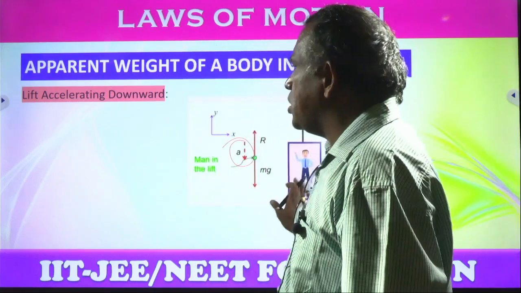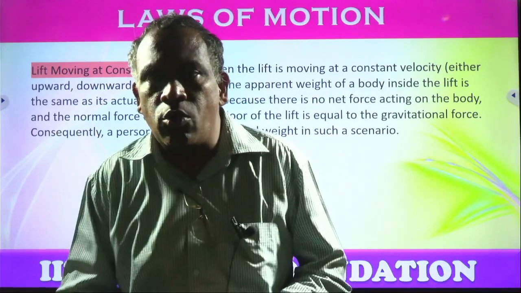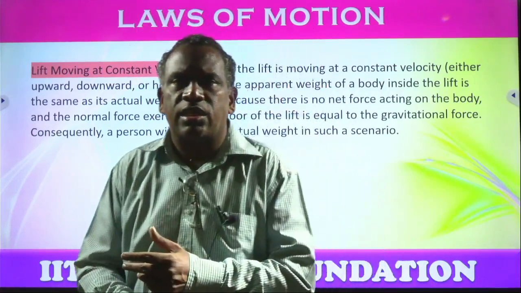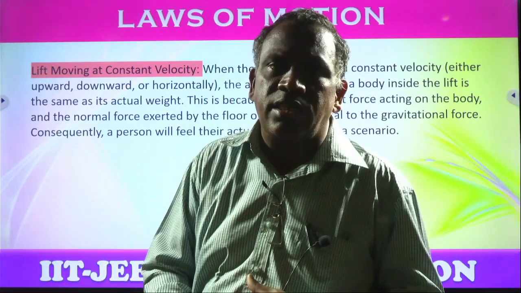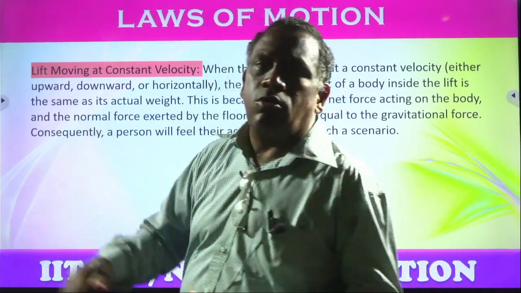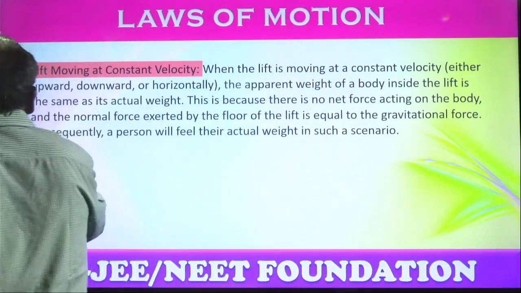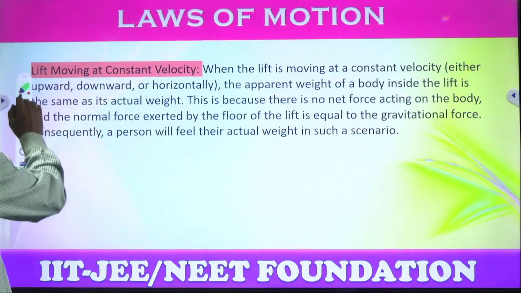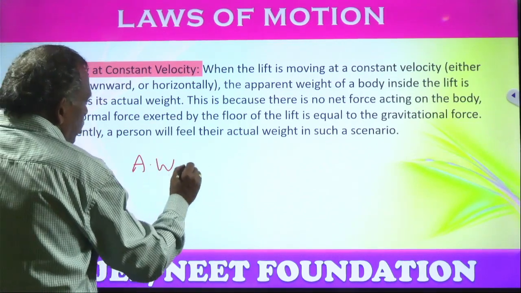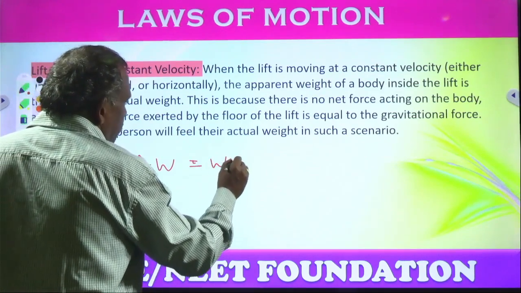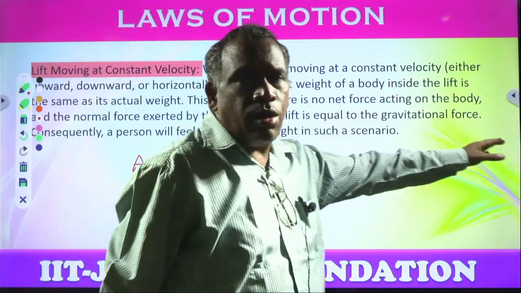The next case is when the lift is moving with constant velocity, so there is no acceleration. If there is no acceleration, the apparent weight is equal to the actual weight of the body, because there is no net force acting on the body.